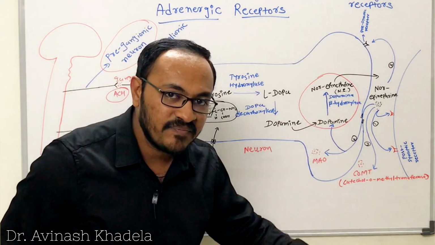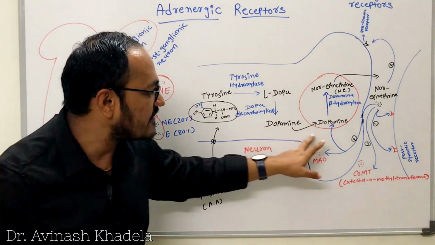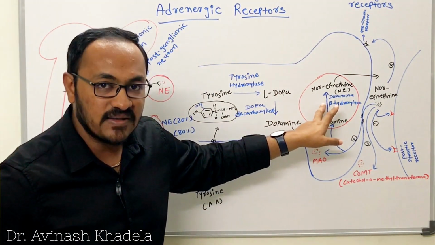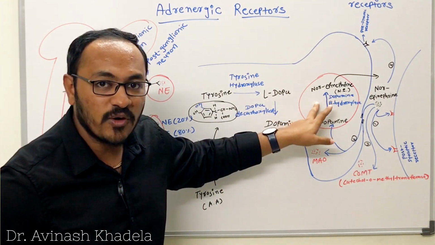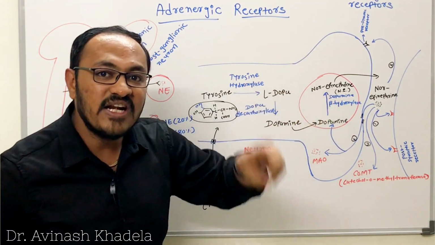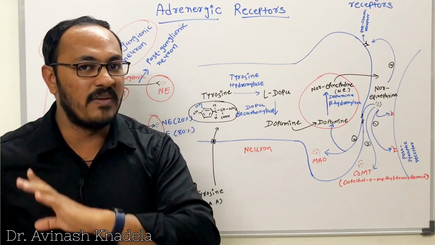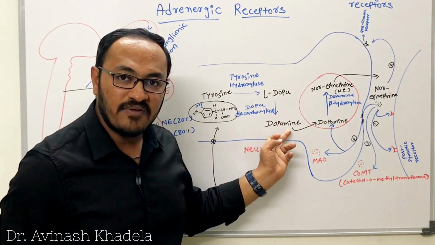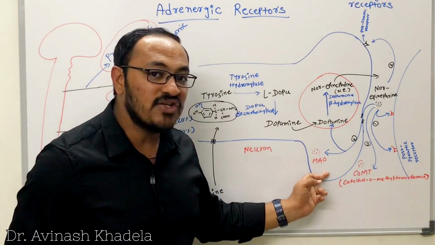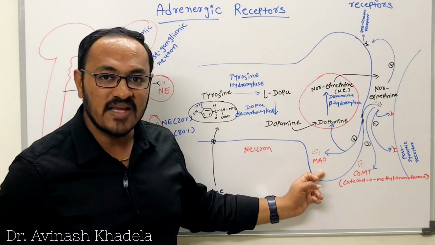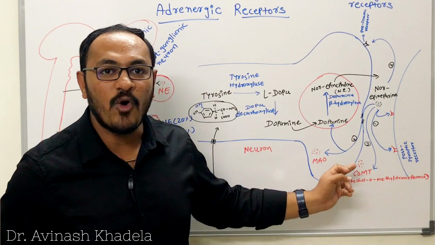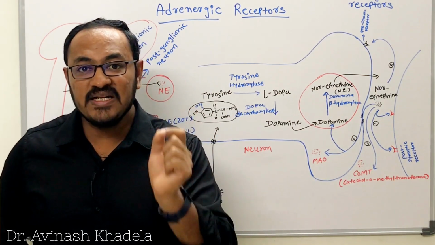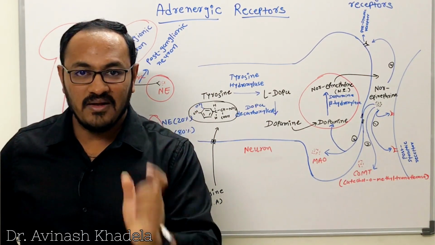So this dopamine will be transferred inside the vesicle present in the neuron, which will prevent the degradation or metabolism of dopamine, because dopamine, like norepinephrine and epinephrine, is a catecholamine and will be destroyed by the enzyme called monoamine oxidase, which is present inside the neurons.